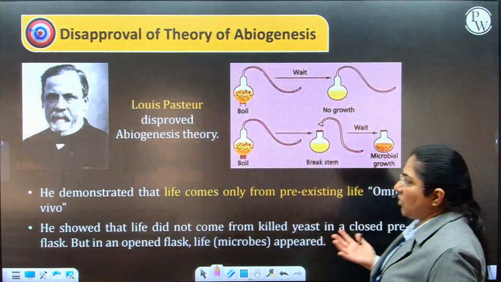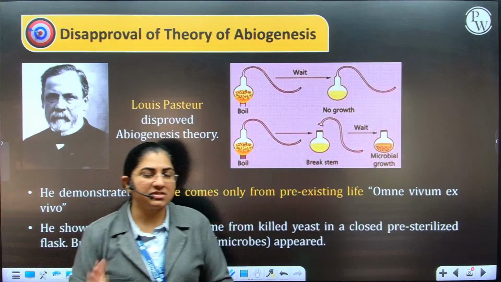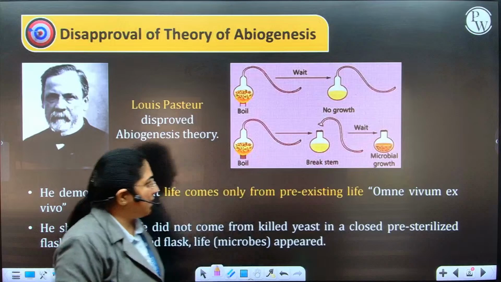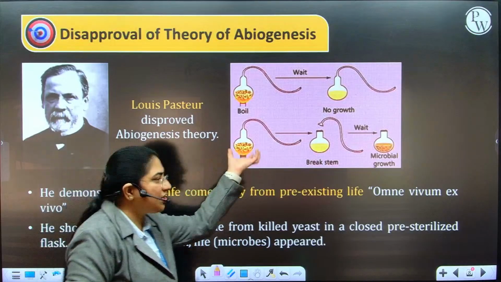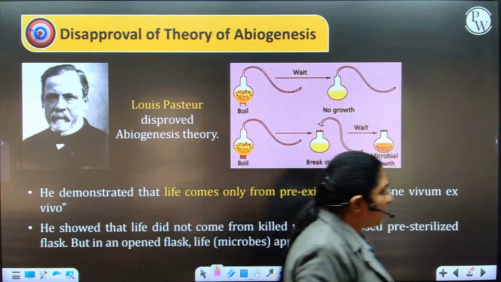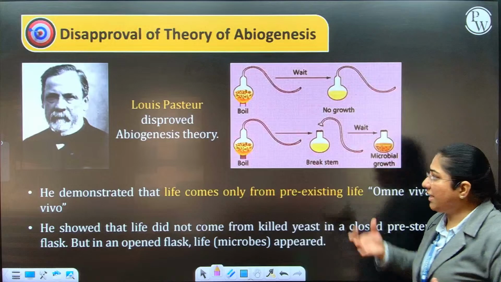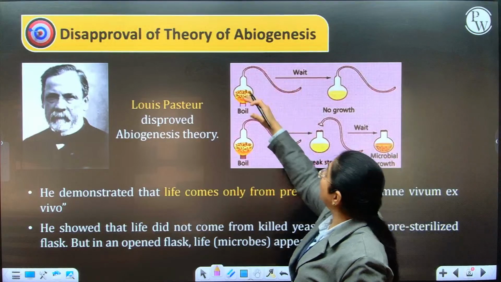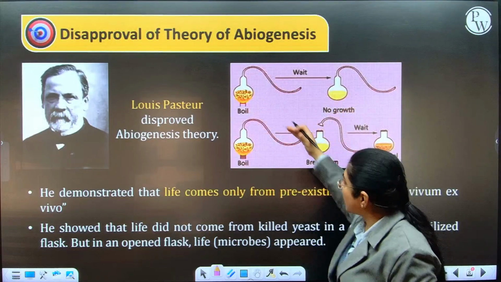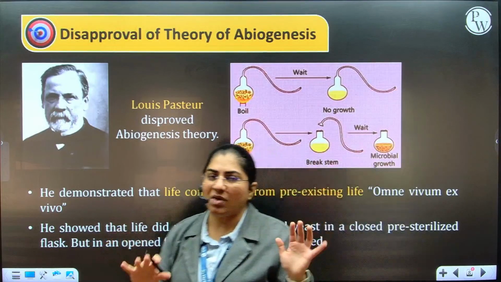However, later on, Louis Pasteur sir, when he came across this theory of abiogenesis, came up with an experiment. He took yeast, killed yeast infusion in a small flask, and he kept on boiling it in a pre-sterilized flask and he closed the flask. Now when he closed the flask, he found out that for a few days or many days, there was no growth of any microorganism.